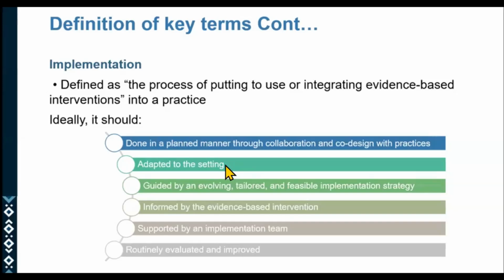So we have to make sure that we are adapting our implementation process to the setting in which we find ourselves. That's taking into account cultural aspects, political aspects, religious aspects, and everything that can be a hindrance to our implementation.